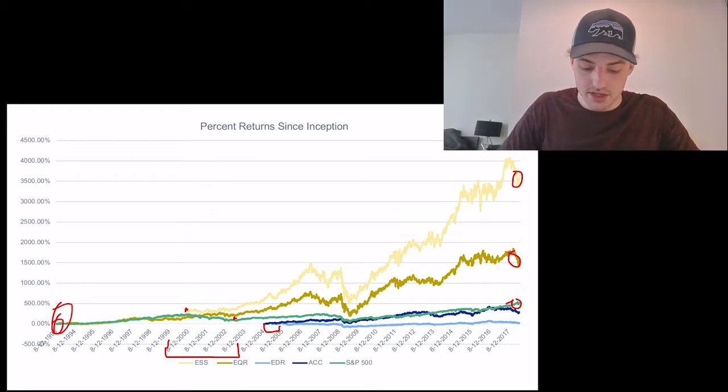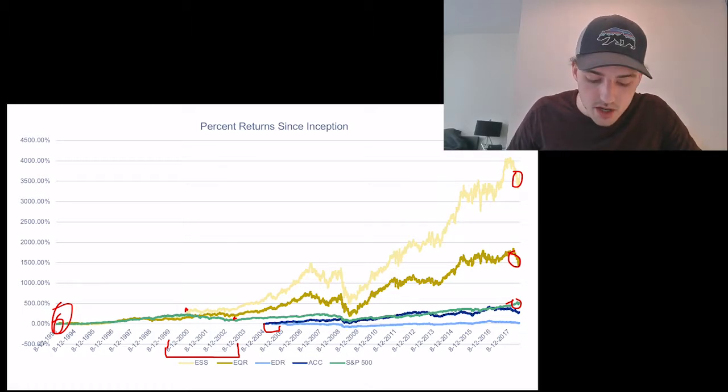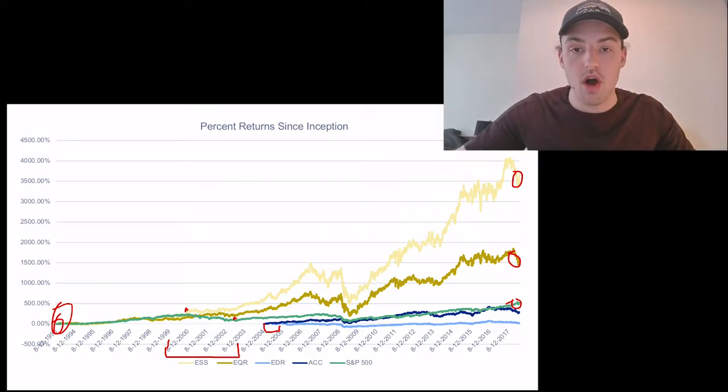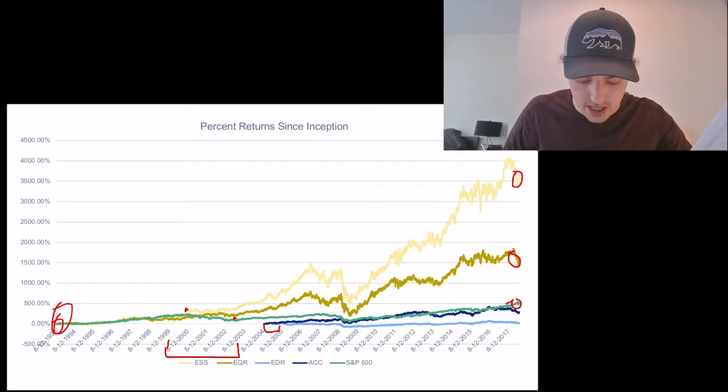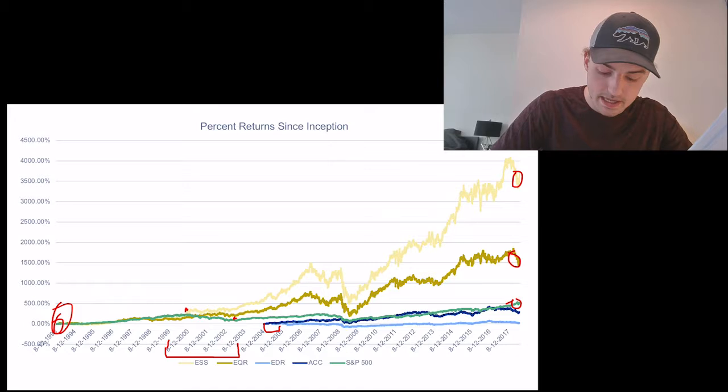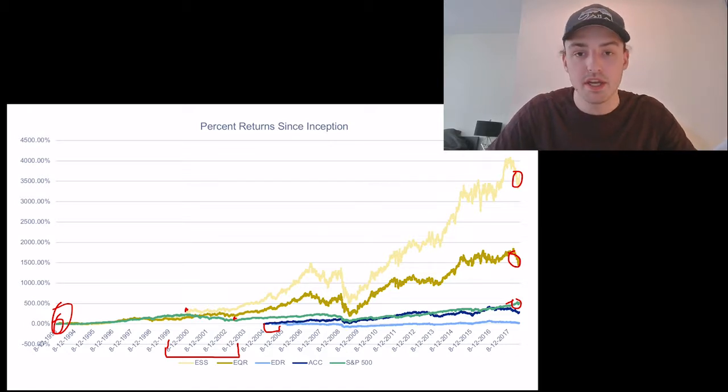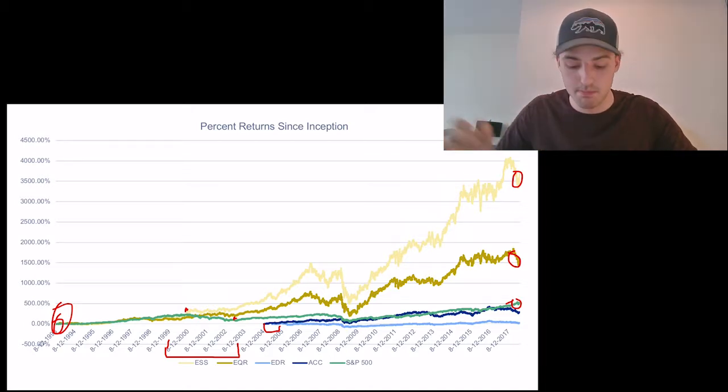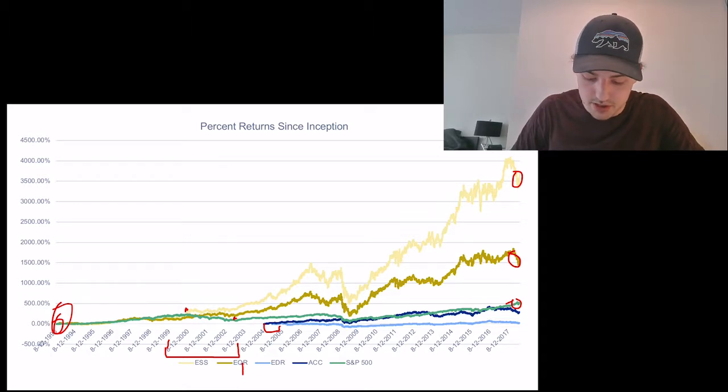So the S&P decreased by 50% during this tech bubble, but look at what happens to ESS and EQR. It's not that they necessarily performed skyrocketing fantastic through this time period, but really they just weren't affected.